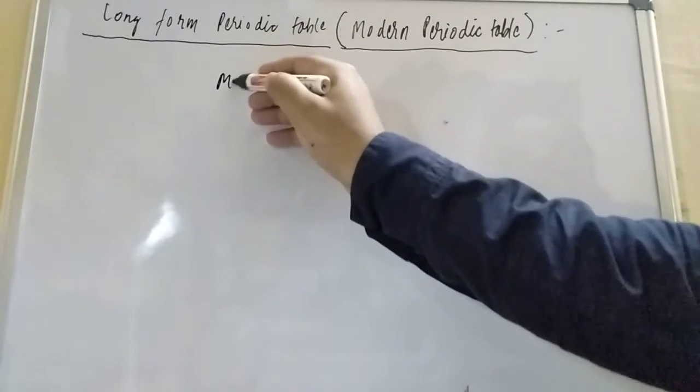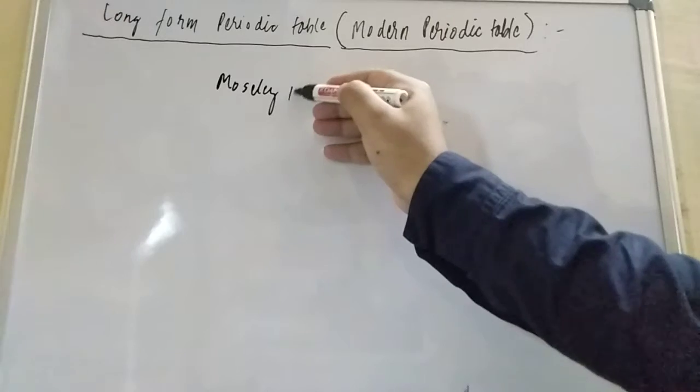Now the next one is the long form periodic table. This is the last model, which was given by Moseley in 1913. It is also known as the modern periodic table. Now let us see, student, what Moseley said.